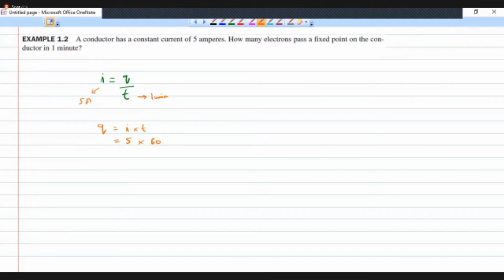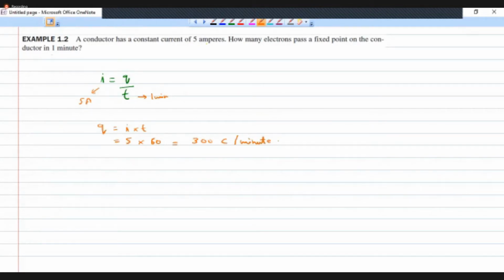So Q is equal to 300 coulombs. This much charge is flowing in 1 minute, so the unit is coulomb per minute.